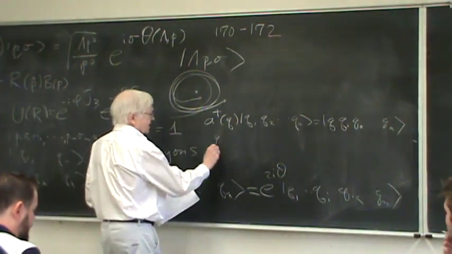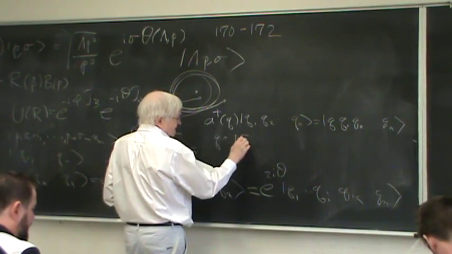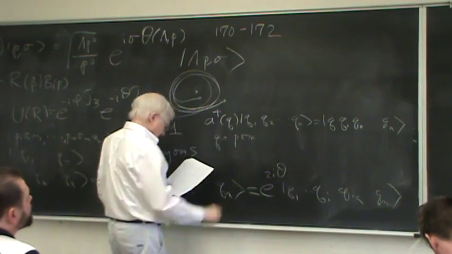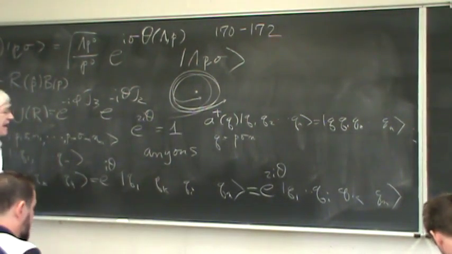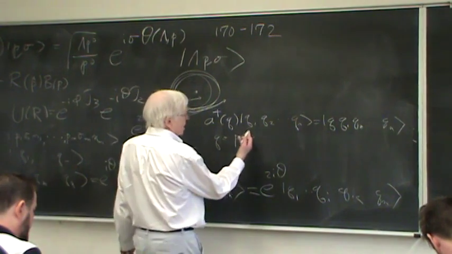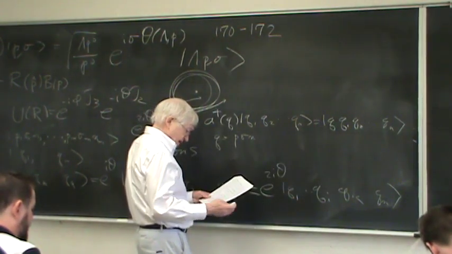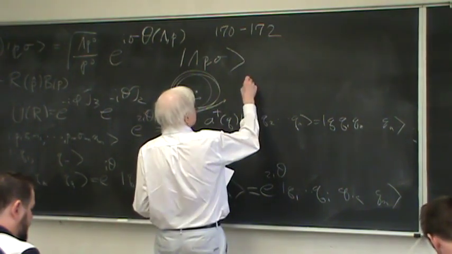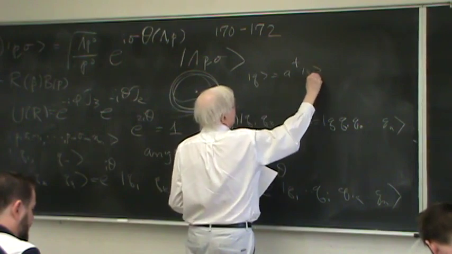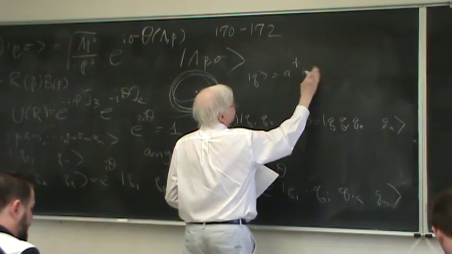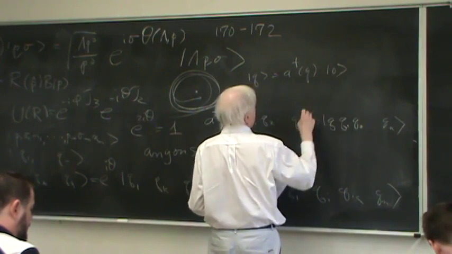And here, once again, q is momentum, the spin label, and the kind label. And in particular, you can imagine that all the states arise from the vacuum state. The single particle state q is a dagger of q acting on the vacuum state.